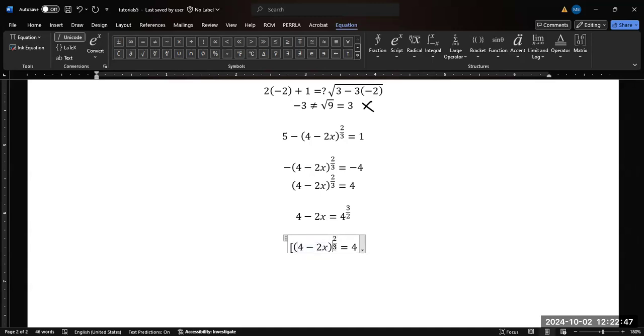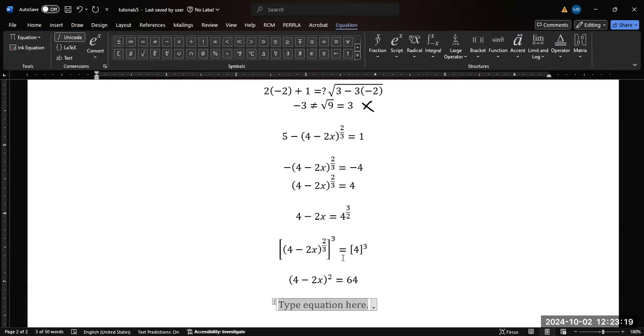That's what the cube root, or cubing both sides, is: the numerator in this previous step right over here, 3/2. So if I cube, that's going to cancel the 1/3 power. That's going to give me 4 minus 2x squared is equal to 64.